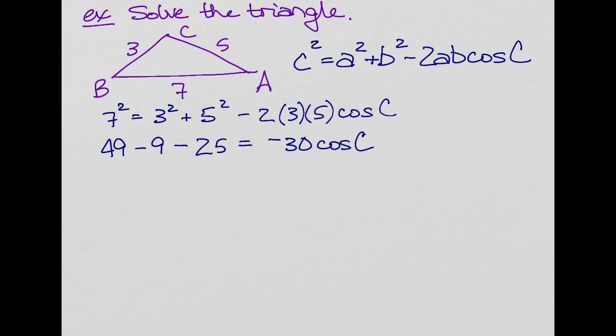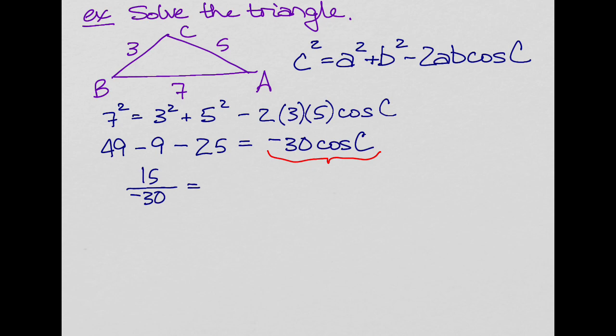I'm not adding 30. This is not 30. This is 30 cosine C. Trying to solve for C. The next thing I'm going to do is divide by negative 30. Let's see. 49 minus 9 is 40. Minus 25 is 15. And I'm dividing by negative 30.